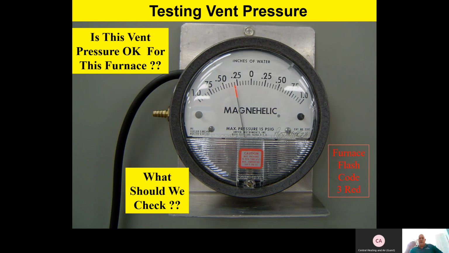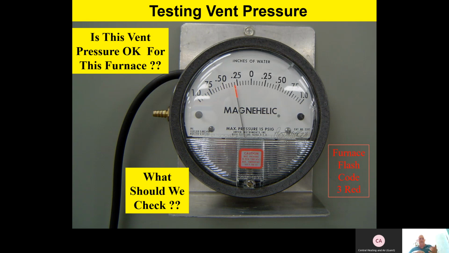Now, the final thing I'd like everyone to think about: there's one other condition that'll cause a low vent pressure. I saved it till last because it's the most unlikely thing. However, if you have a cracked heat exchanger, you will not be able to pull your vent pressure down like you're supposed to. So those are the top 3 or 4 things.